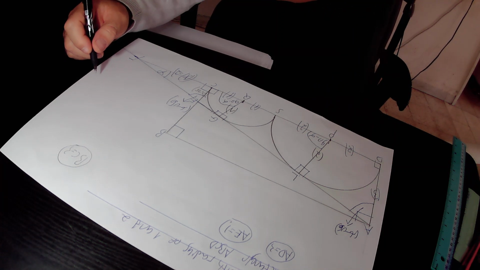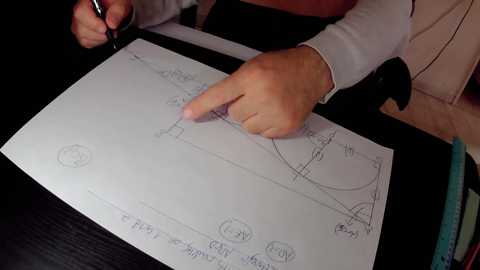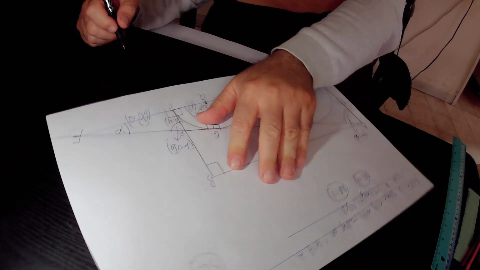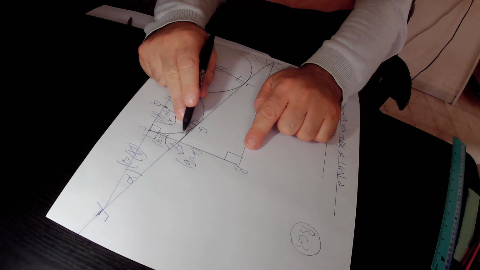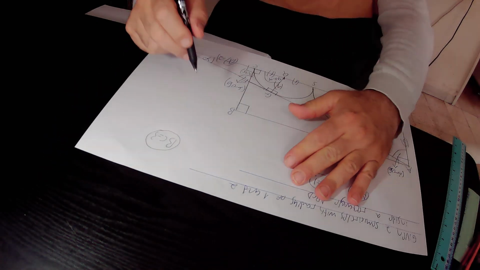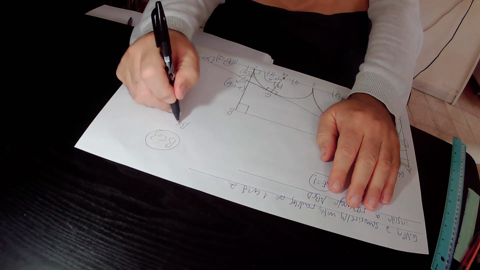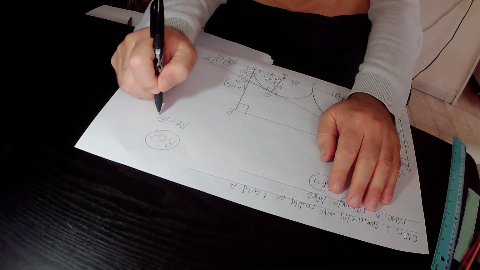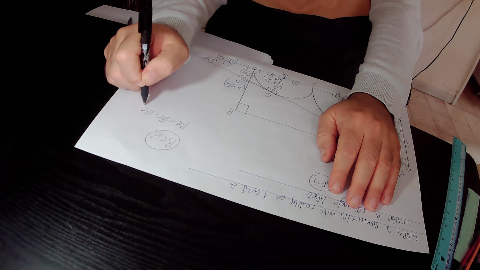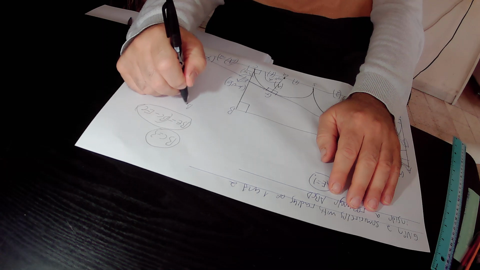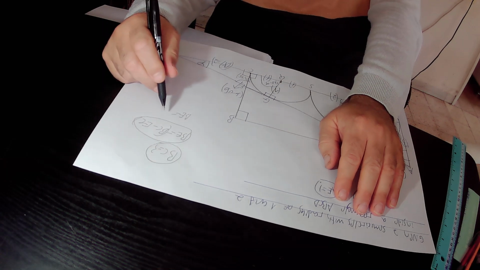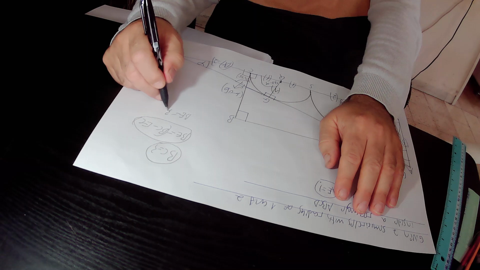So what is the length of the missing line segment, line segment BE? From the drawing it is very easy to see that BE equals BC minus EC. Again, BE equals BC minus EC. So I write it down. BE equals BC minus EC. BC is 3 minus EC.